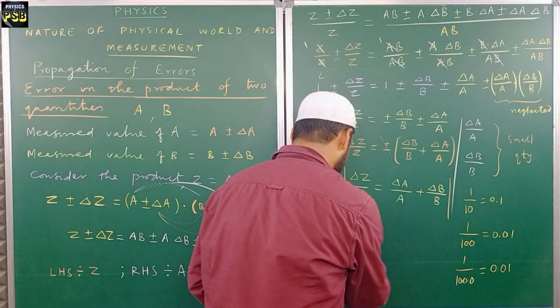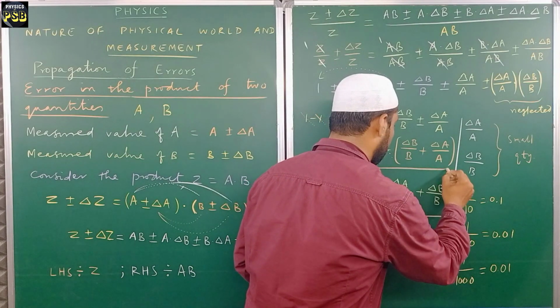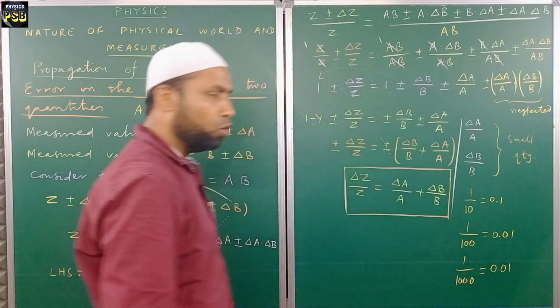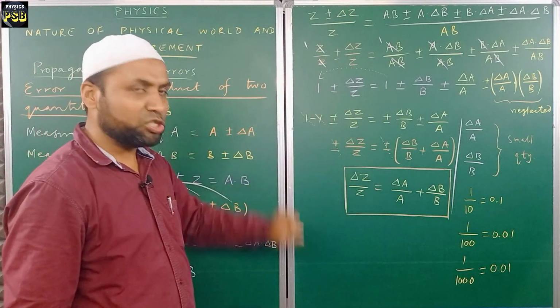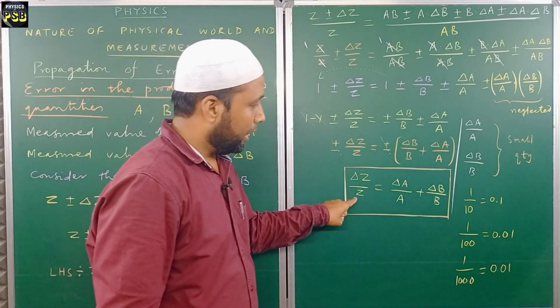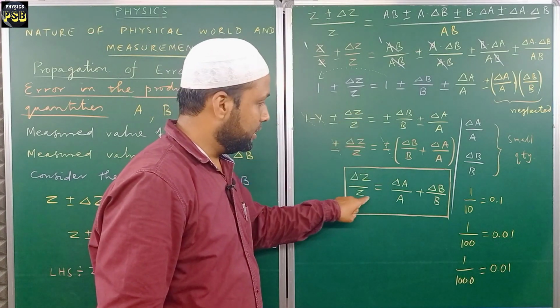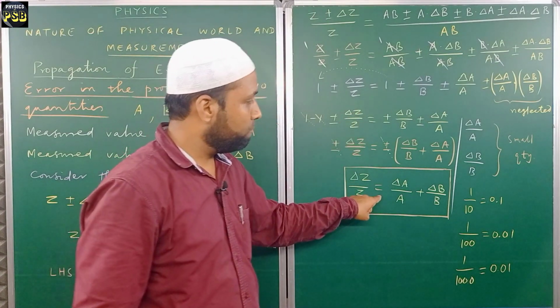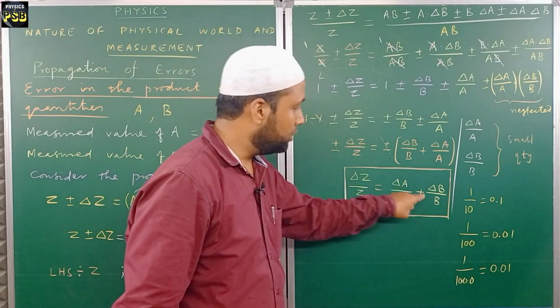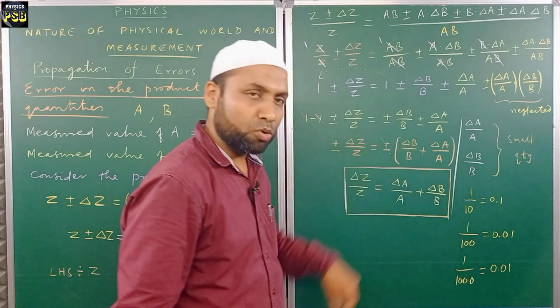And what does it mean? It shows that the total fractional error on multiplying two quantities is found to be equal to the sum of the fractional errors in the individual quantities.